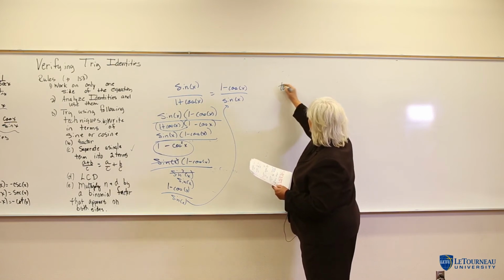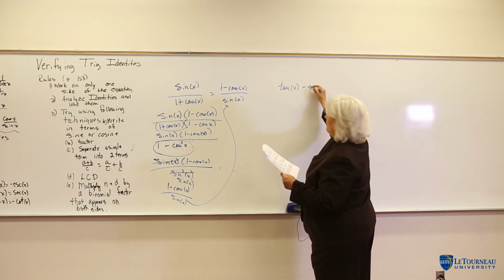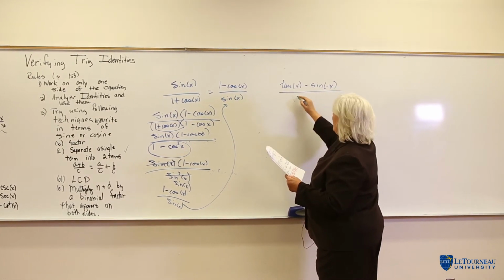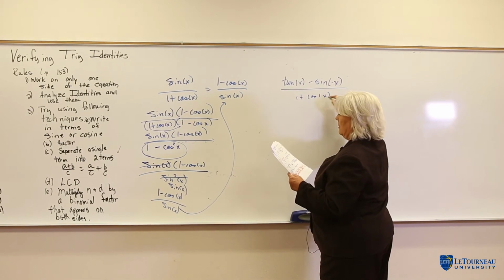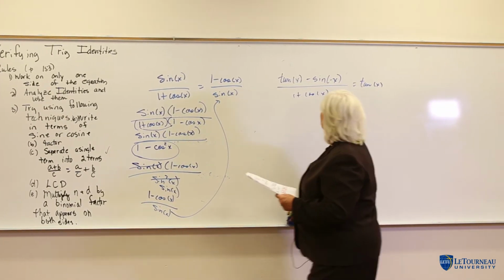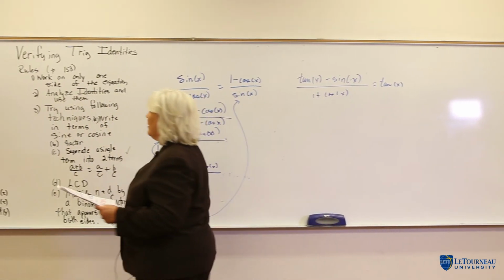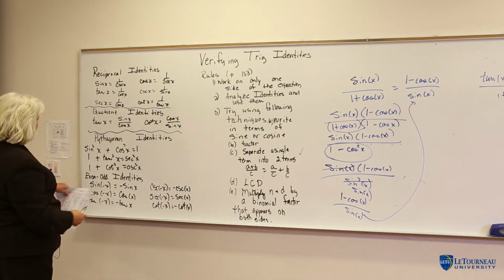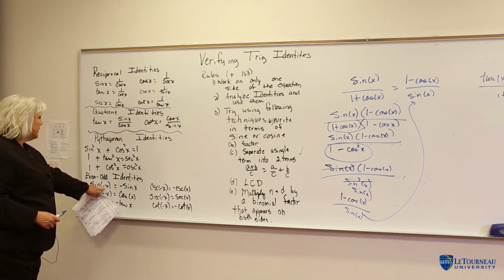Okay, I have (tan x − sine of a negative x)/(1 + cosine x) is equal to tan x. I'm sure by now we have discussed this in even and odd identities, but let me show you again. When you have sine of a negative x, it is an odd function.